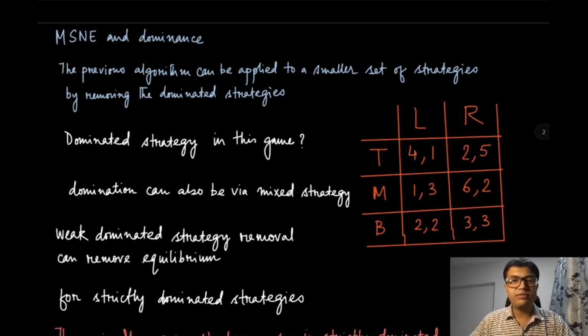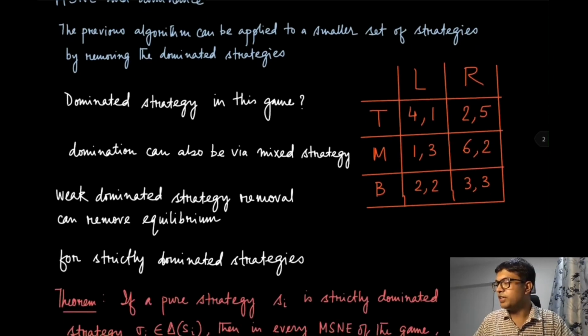So let us look at this specific game here. Can we see some kind of a dominated strategy here? Definitely we cannot find any purely dominated strategy. If we look at player 1, none of the strategies T, M or B dominate each other.